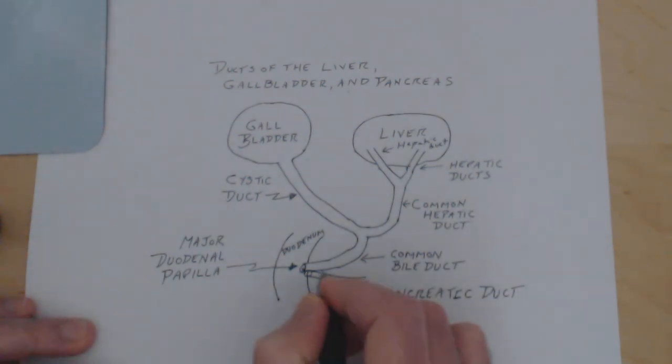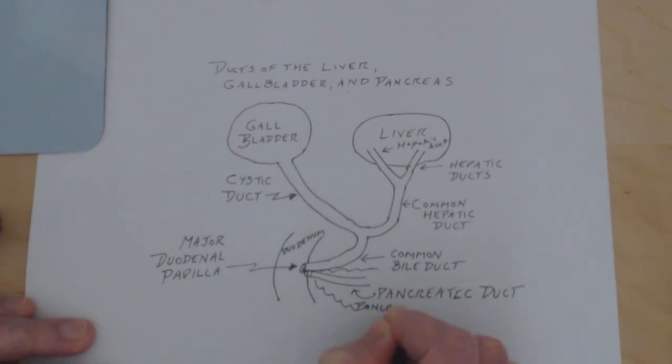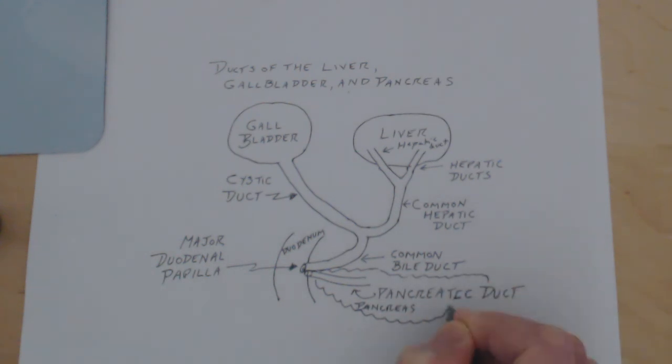And this would be coming from or traveling through the organ of the pancreas, which would be sitting somewhere out around here. Like so. Okay, it's a funny looking pancreas, but you get the idea.